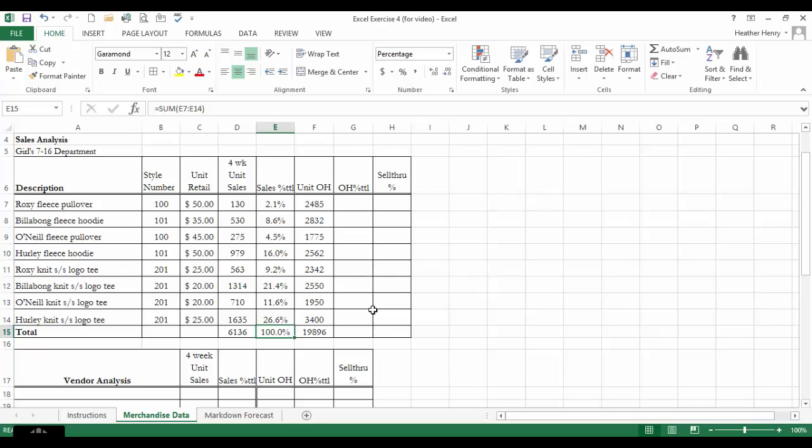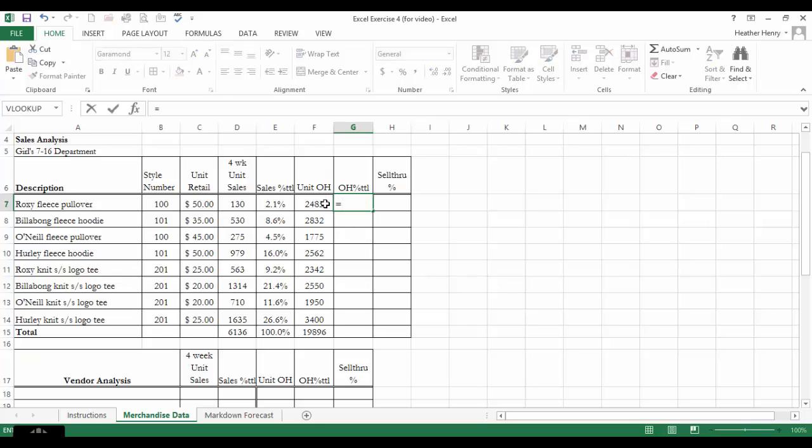Next, we'll need to look at the same data, but we will be looking at it for the on-hand information. So currently for the Roxy Fleece pullover, we have 2,485 units on hand. In total for all these styles, we have 19,896 units on hand.